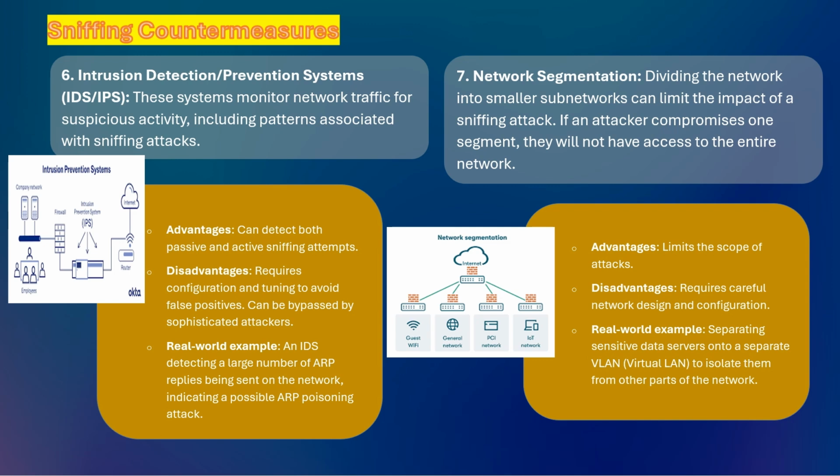Pros: protects against one of the most common sniffing techniques. Cons: requires configuration on network devices. Example: a company implements dynamic ARP inspection (DAI) to prevent ARP spoofing, blocking attackers from redirecting traffic.